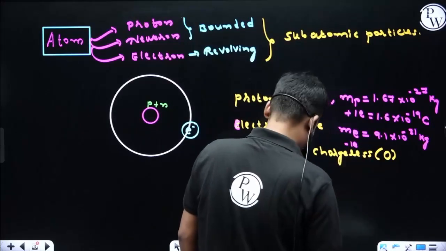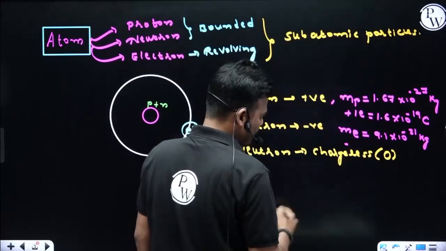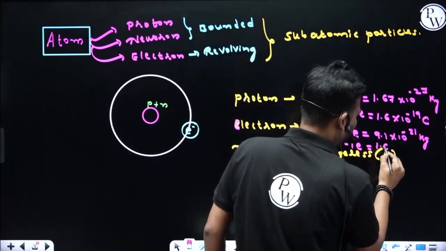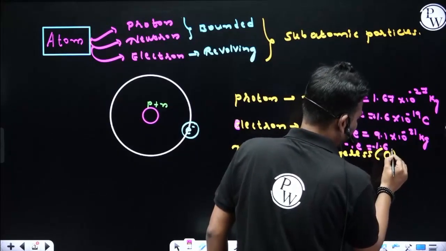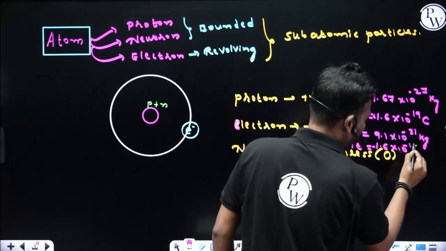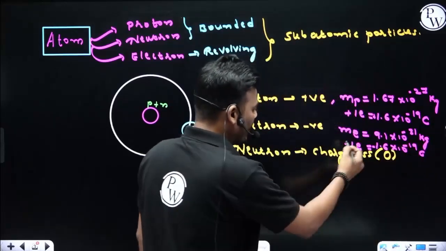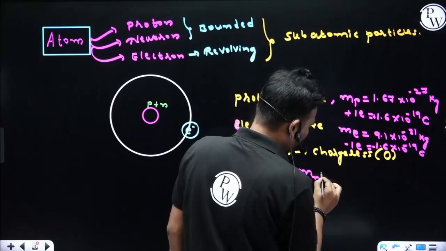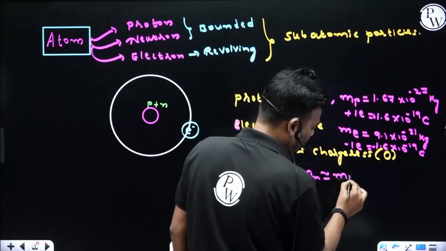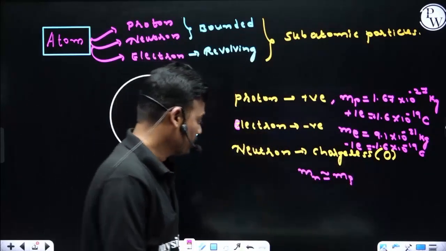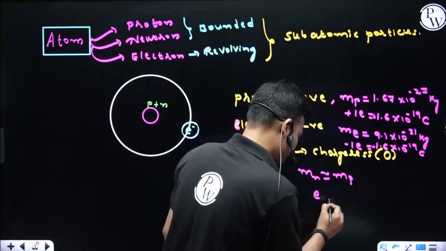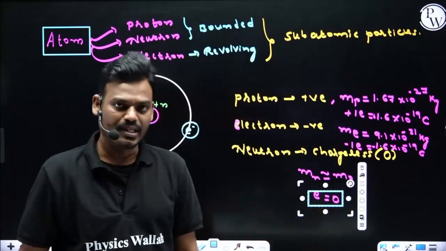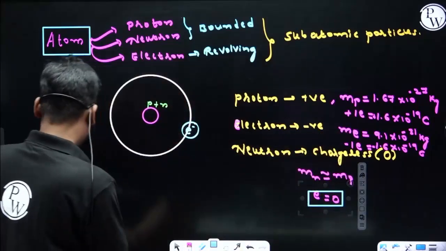That is minus 1e, that is 1.6 into 10 power minus 19 coulomb, plus for the proton and minus for the electron. And what about the mass of the neutron? The mass of the neutron is nearly equal to the mass of the proton. Coming to the charge, it is 0. It is a chargeless particle. So from this basic data, we have these values.